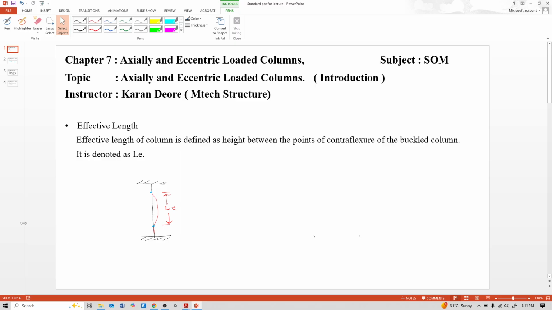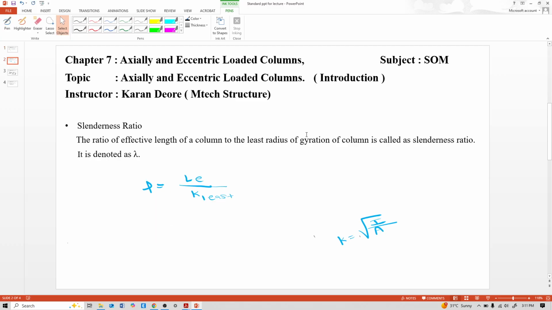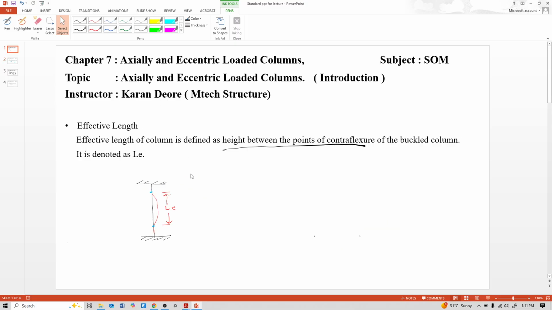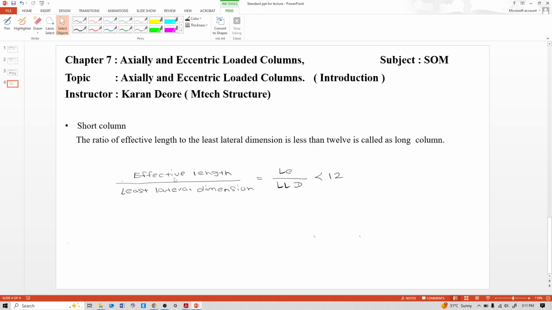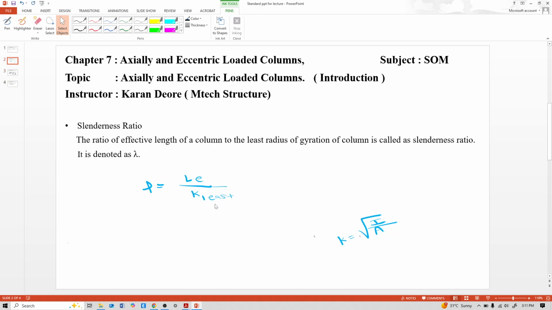Here the terminology is the height between the points of contraflexure of the buckled column. This is slenderness ratio: lambda is equal to effective length upon least radius of gyration.